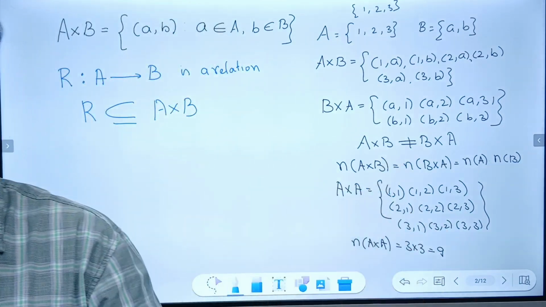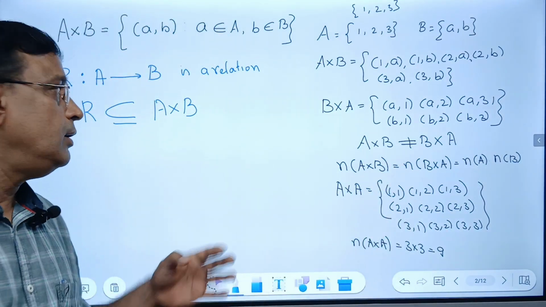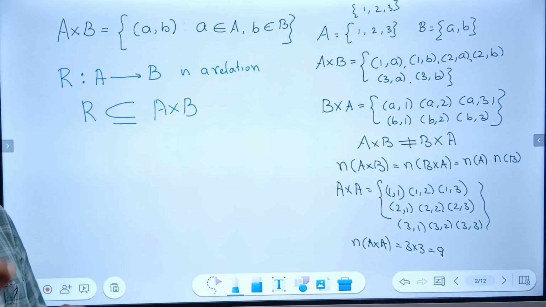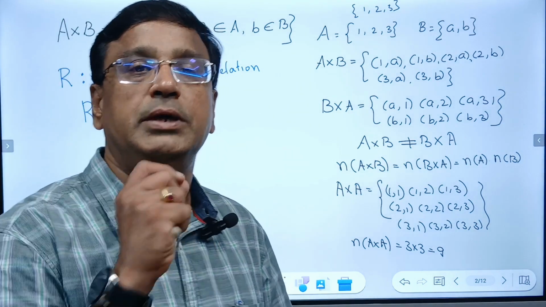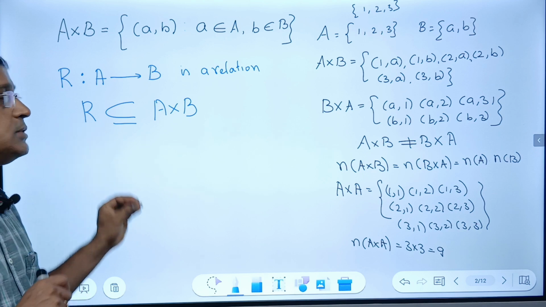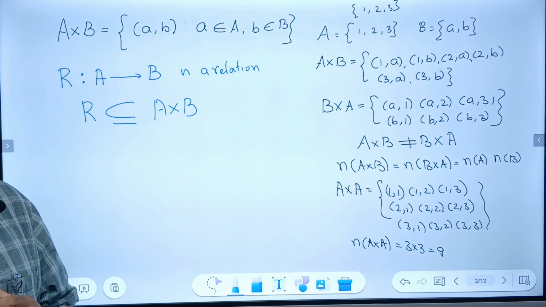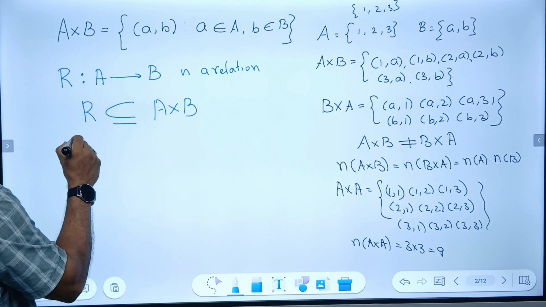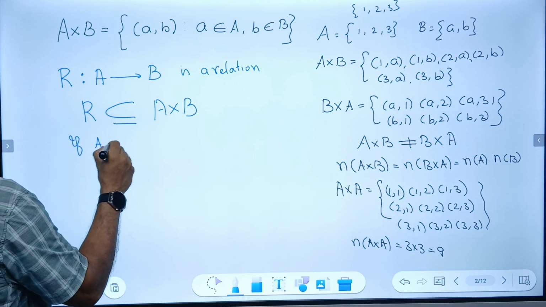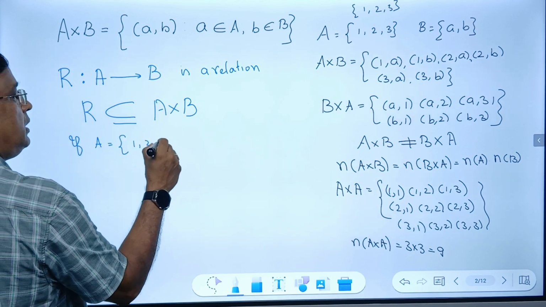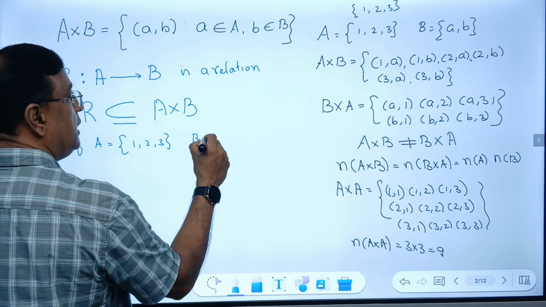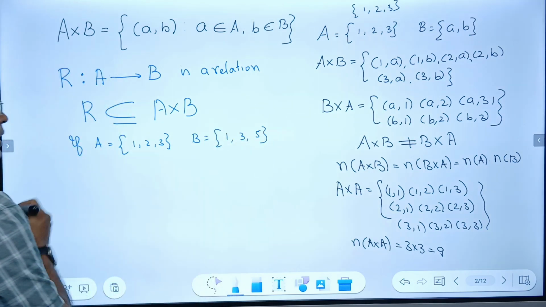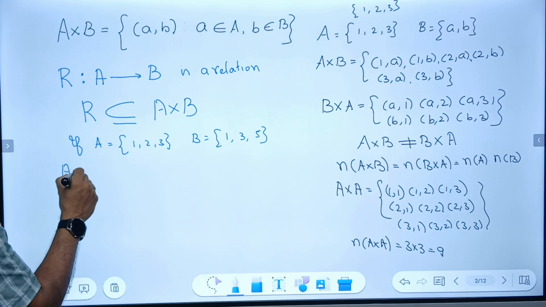R be a relation from A to B. When I say R is a relation from A to B, then R will be a subset of A cross B. Okay, I'll give you one simple example. If I take set A as 1, 2, 3, and set B as 1, 3, 5, I will find A cross B. What is A cross B?